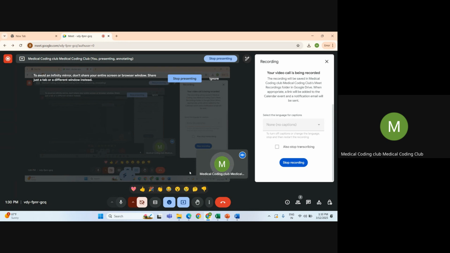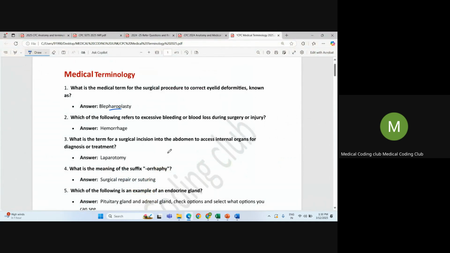So let's see a few questions together and understand the anatomy and terminology questions, which are very important. The first question: the medical term for surgical procedure to correct eyelid deformities is blepharoplasty. As you all know, plasty means repair.